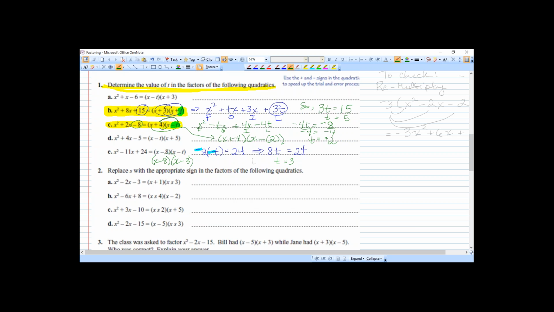Okay, so first is x squared, so that checks. Outer is negative 3x and inner is negative 8x. Do those two things add up to negative 11x? Yeah, right? Negative 8, negative 3, tack an x on, so that checks out. And then finally, negative 8 times a negative 3 is positive 24. So this guy works out.